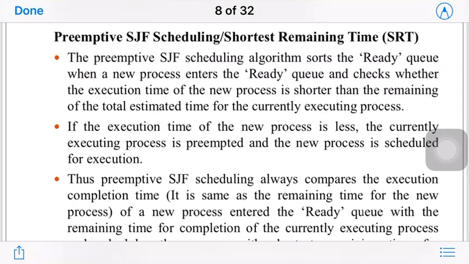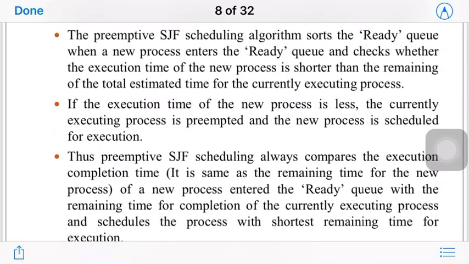So one process is running, and at the same time another process comes into the ready queue. So now it will check whether the new process requires lesser time or the currently running process requires lesser time, and depending on that it will decide who will go first.